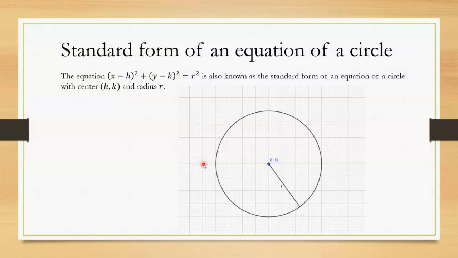So in other words, if you take the center and any point on that circle and calculate the distance, or the length of the line segment connecting them, you should get r. All right.